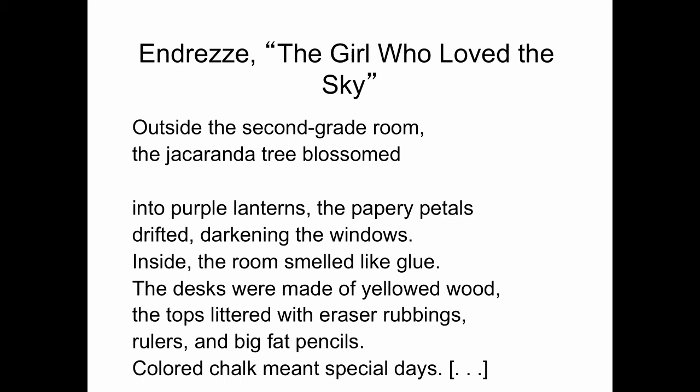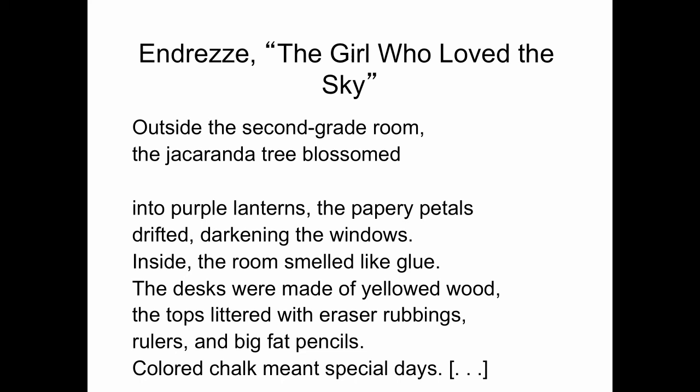The image that you get at the beginning of the blossoming tree may not mean anything to the reader if they don't have any actual point of reference for that thing. So the poet gives you here an image of purple lanterns, and if you think about that actual picture of the tree, it really, really works.